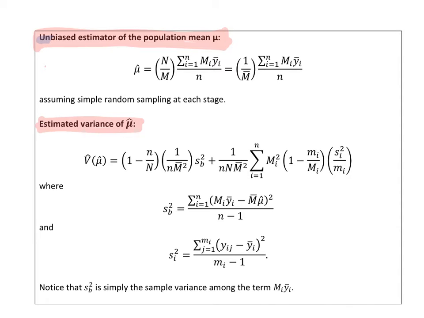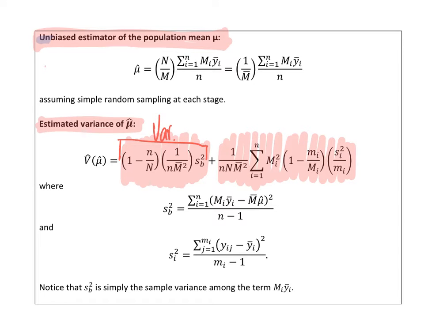Actually it has two terms. It is the first one, and this one is the second one. Simply I can say the first one, it is the variation in the stage 1.